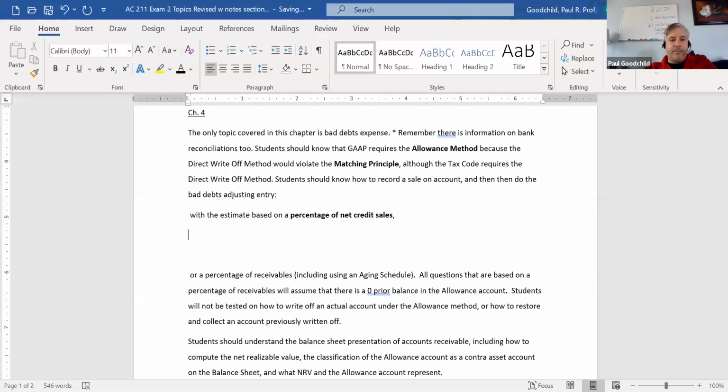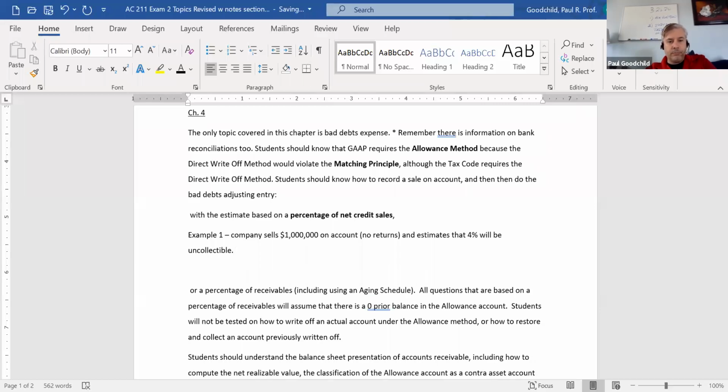So a company sells $1 million on account, no returns, and estimates that 4% will be uncollectible. So 1 million times 0.04 equals 40,000.